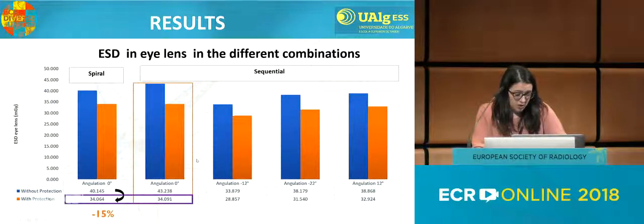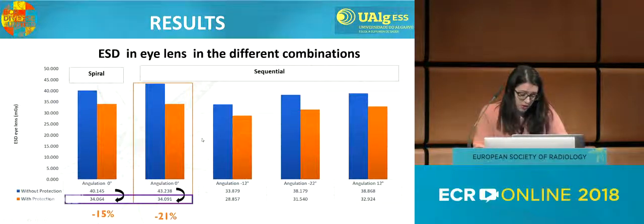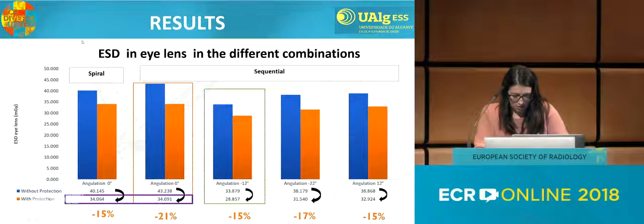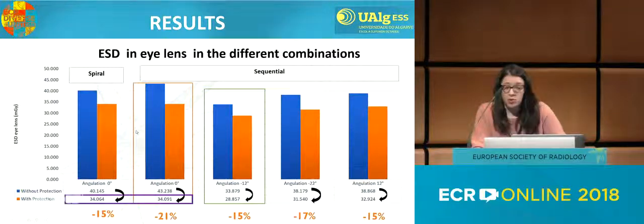This represents a reduction of 15% with 0, and sequential minus 21%, 15, 17, and lastly 15. The sequential with minus 12 degrees represents the lowest values of those.